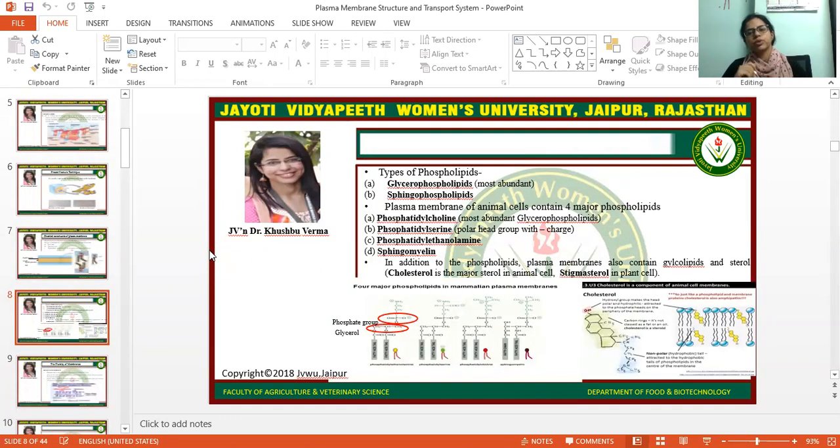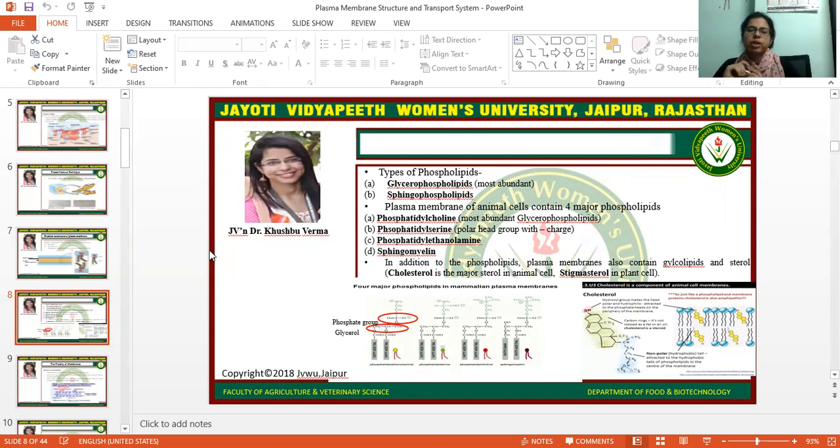Now come to the phospholipid types. First thing, lipids in the plasma membranes will generally be phospholipids, but there are many types of phospholipids. First one is the glycerophospholipids, which are most abundantly present in the plasma membrane. Second type is sphingophospholipid.